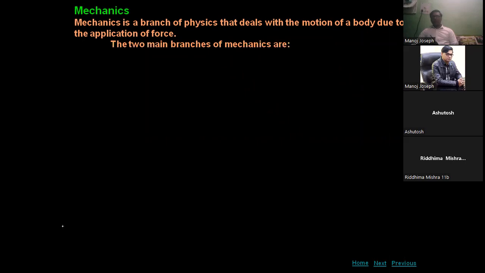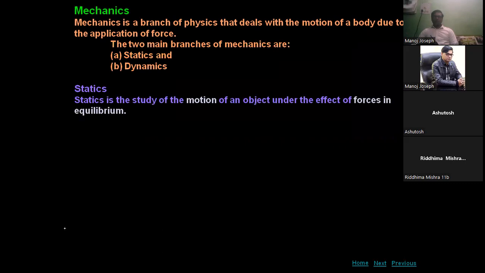And the two main branches of mechanics are statics and dynamics. Statics is the study of the motion of an object under the effect of force in equilibrium. Whenever the forces are balanced, the body is in equilibrium and remains at rest.